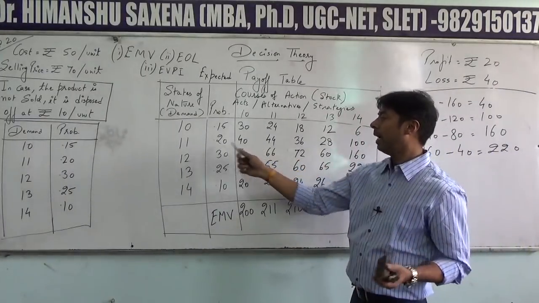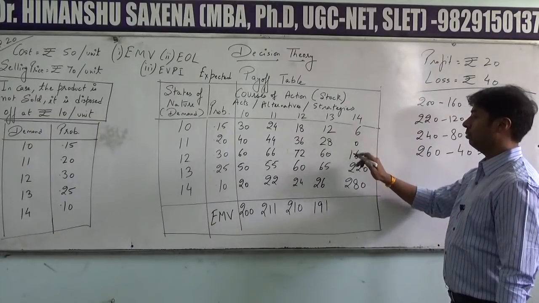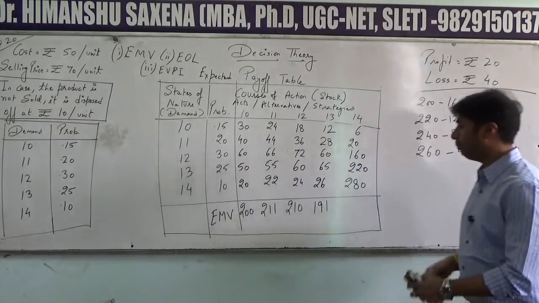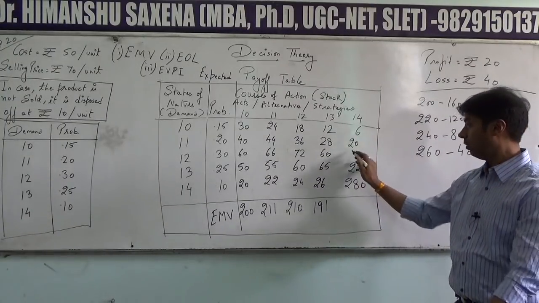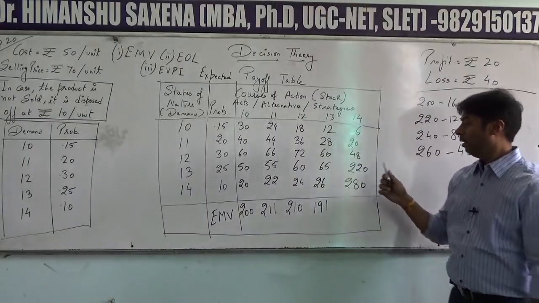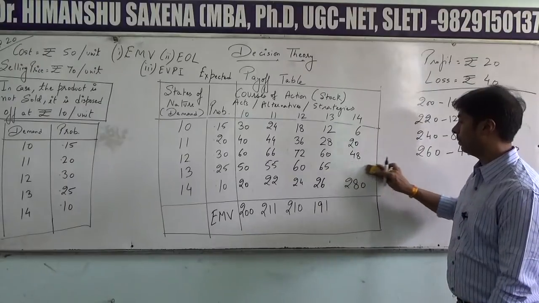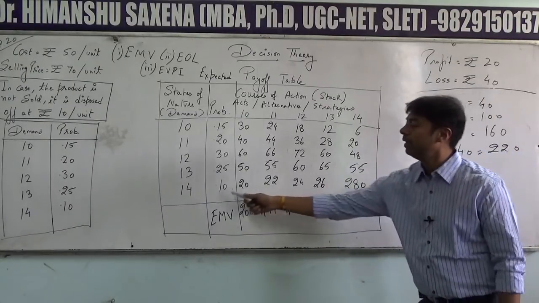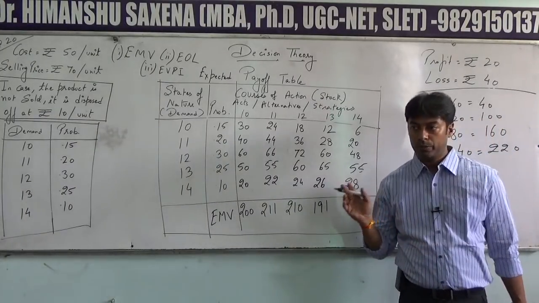100 multiplied by 0.20 will give you 20. 160 multiplied by 0.30 will give you 48. 220 multiplied by 0.25 is 55, and 280 multiplied by 0.10 will be equal to 28.